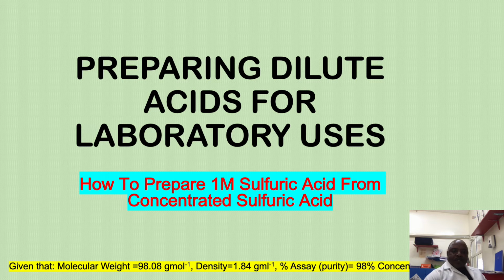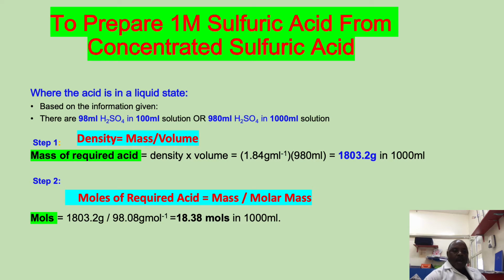There is a lot of procedure. There are about 5 steps in achieving this. The first step will be, now we have to analyze the information that has been given. We're told percentage assay is 98%.